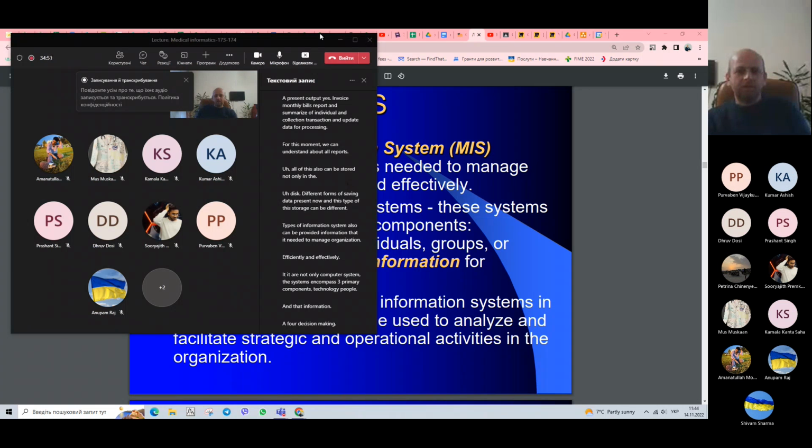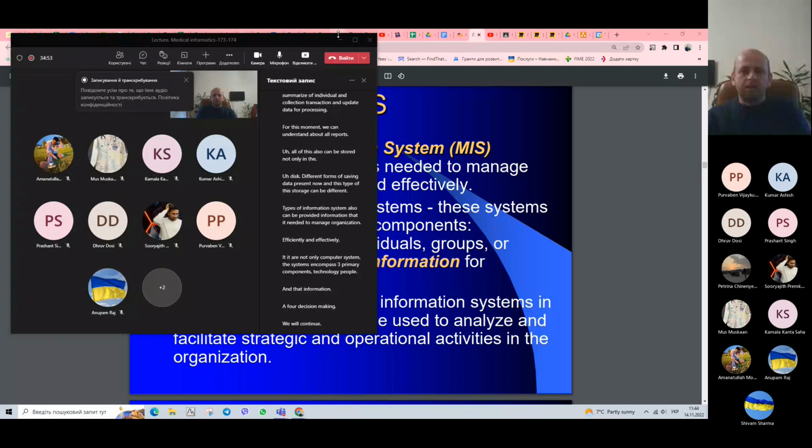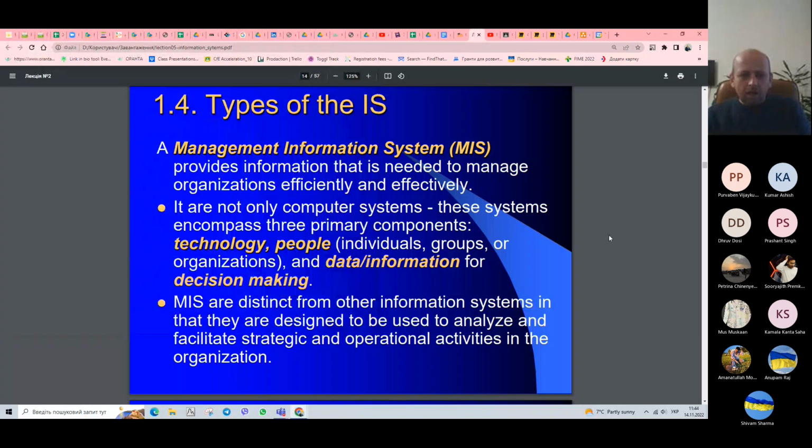We will continue. We discussed types of information system which provide information needed to manage an organization effectively. It is not only a computer system.